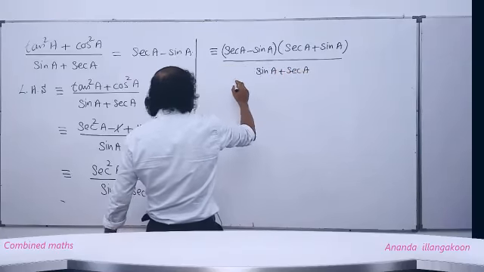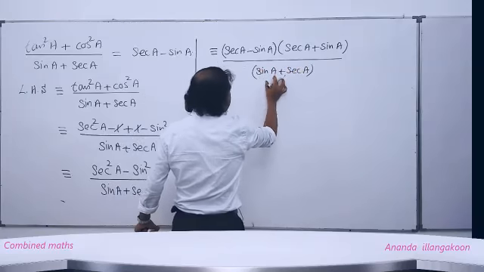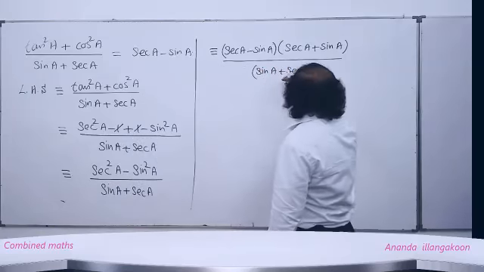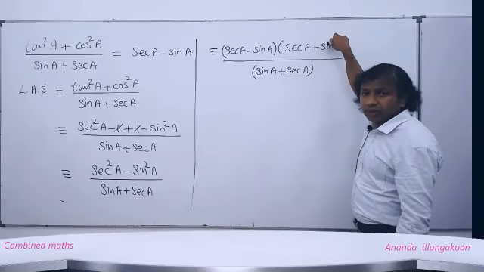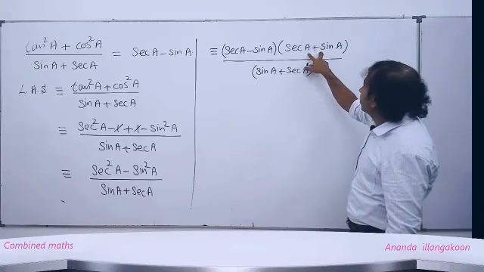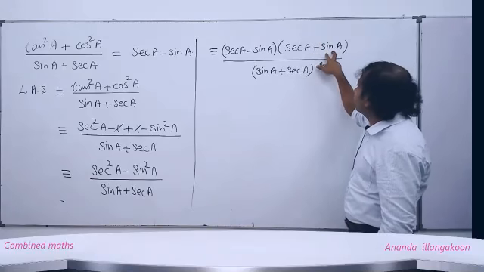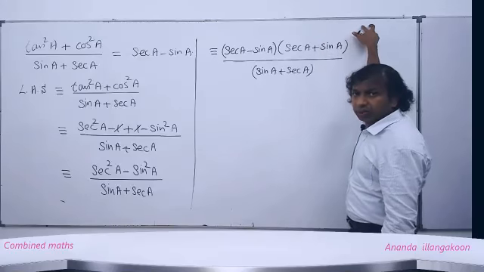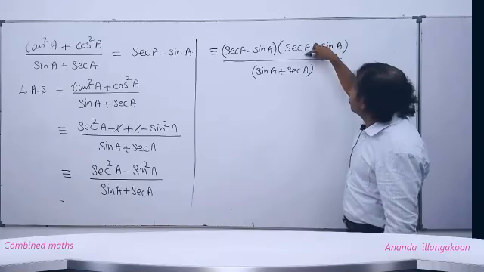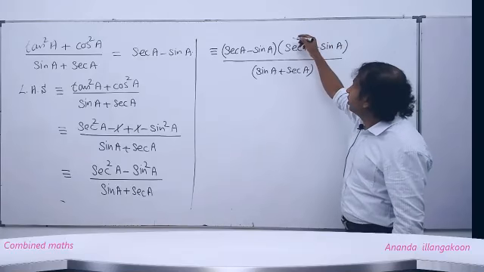Now you know this sin A plus sec A term and this sec A plus sin A will be the same, no, people? These two we can add in the order sin A first and then sec A, because you know 2 plus 3 is the same as 3 plus 2, no? Therefore we can interchange this order, sin A plus sec A. Then these two you can cancel down.